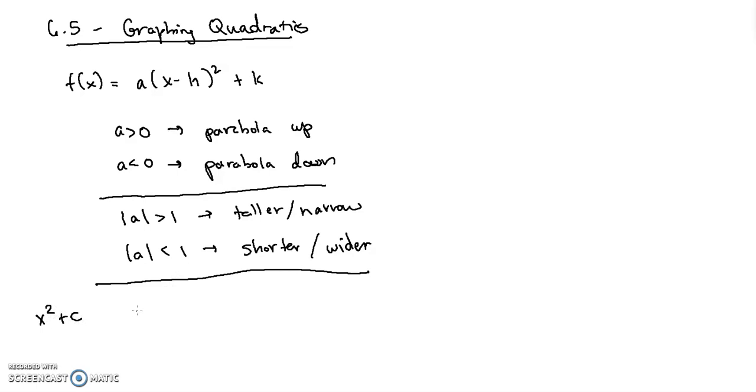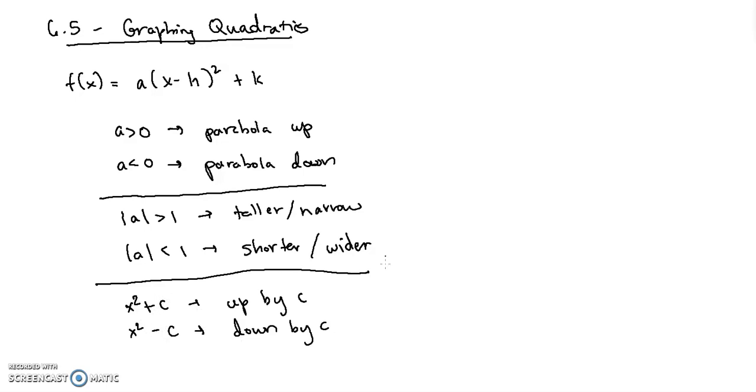If you had x squared plus c, that was going to shift us up by c. And if we had x squared minus c, that was going to shift us down by c. So if you're adding or subtracting a number on the outside, that's going to shift you up or down.